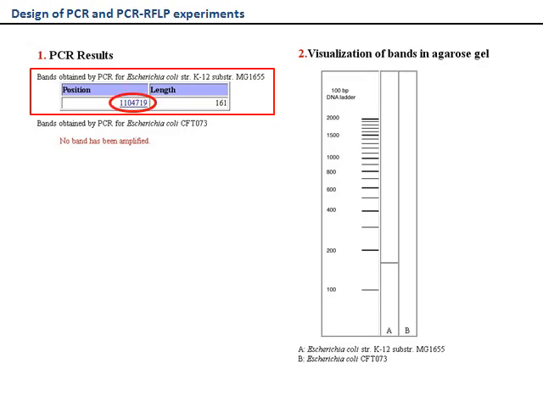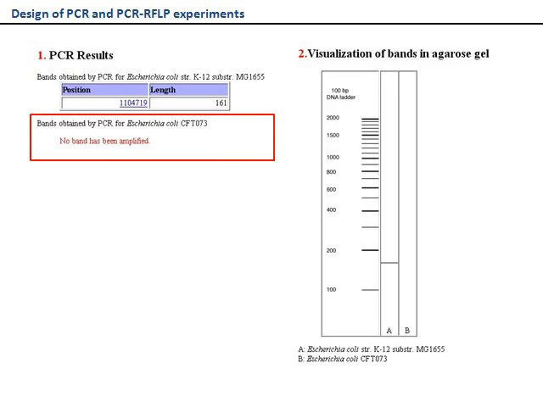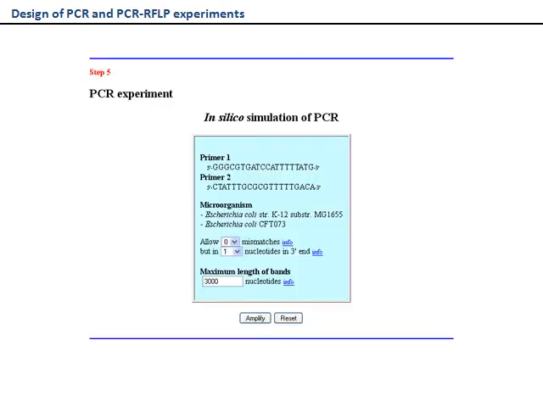The service shows the length of the amplicons and their positions within the genome. By clicking the position, the sequence of the amplicon may be retrieved. But in this experiment no bands were obtained for the uropathogenic strain. The lack of amplification is also observed in the electrophoresis.